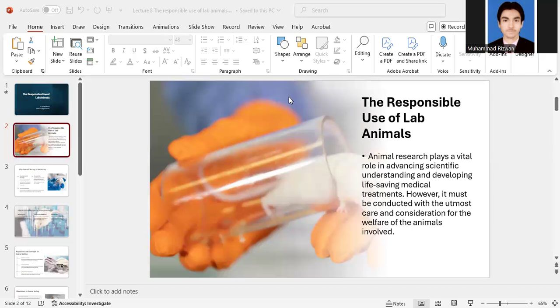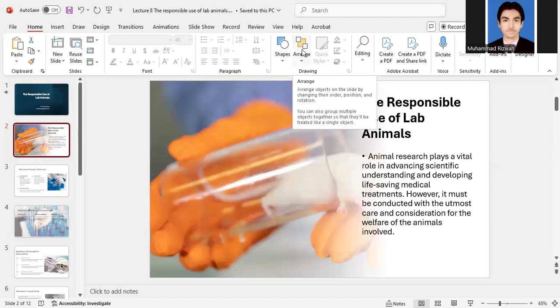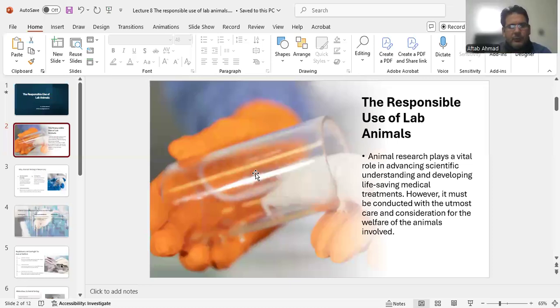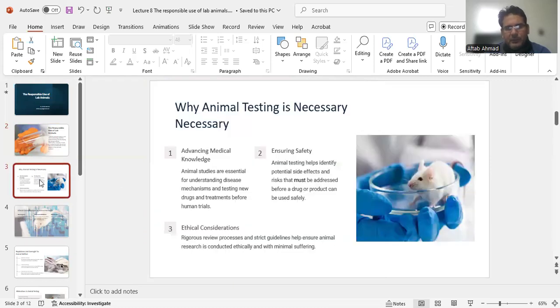We should very carefully choose the study and choose the animals, and we should properly follow the protocols for what we are going to do, and then we proceed for further experimentation. And this is what we are going to learn in our lecture.